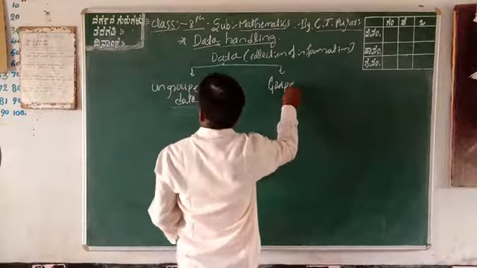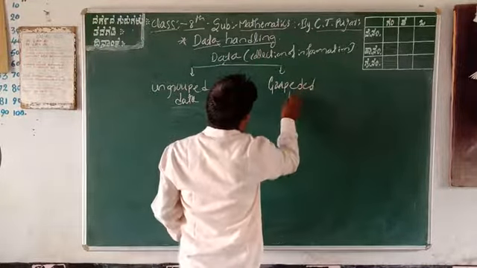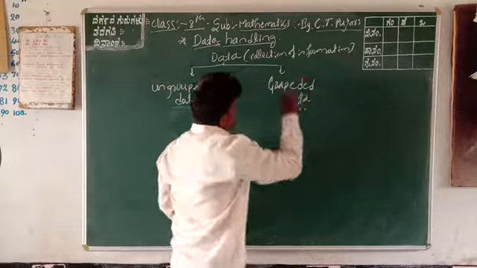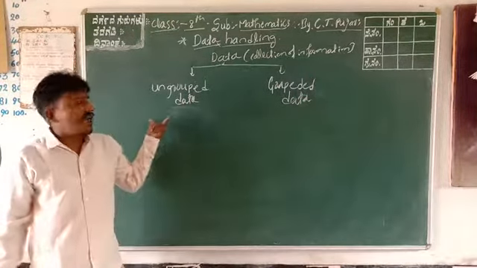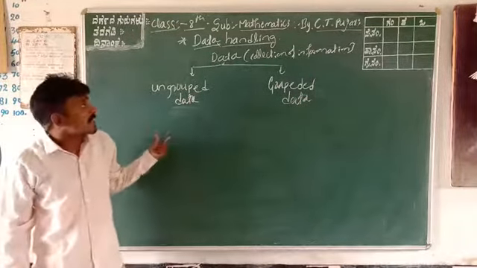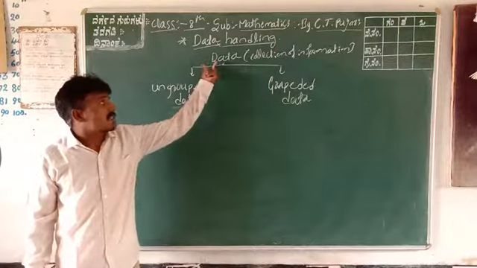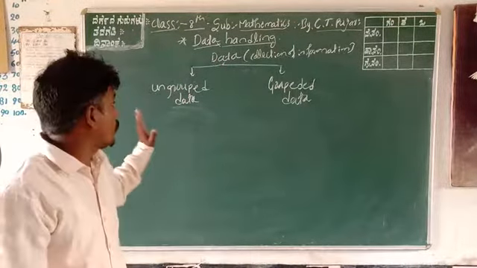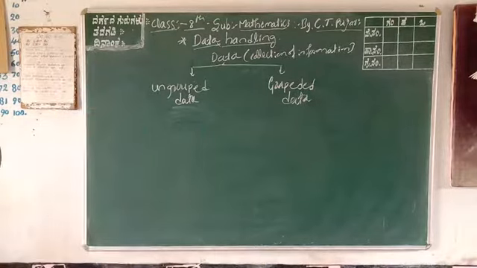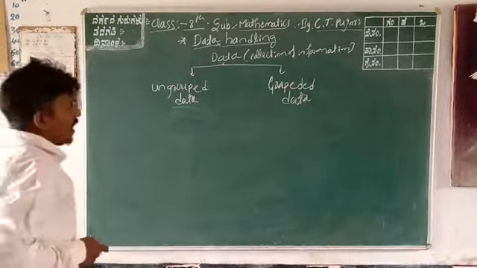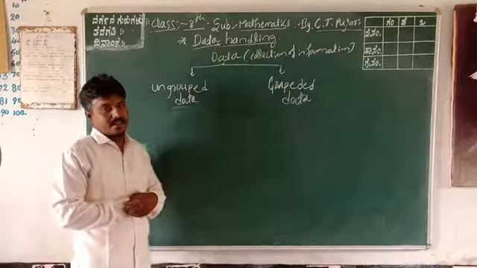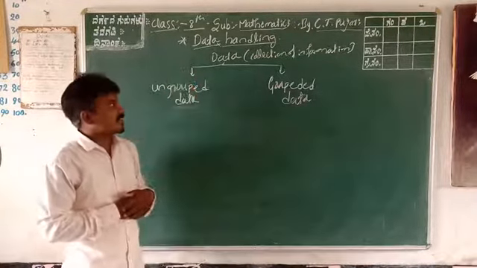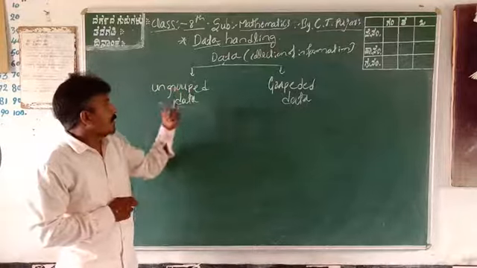Dear students, both grouped and ungrouped data are a collection of information. What are ungrouped and grouped data? The data is a collection of information, divided into two types: ungrouped data and grouped data.